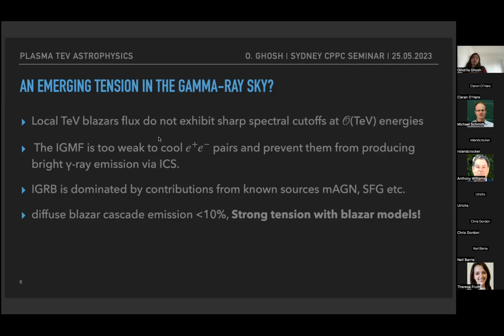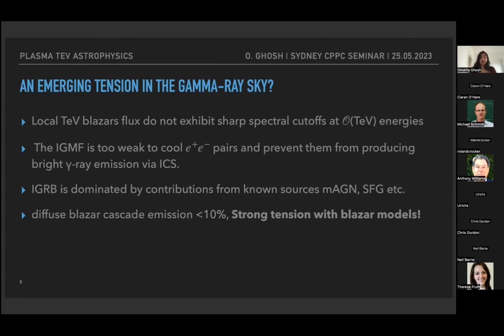So in a recent analysis, we also looked at isotropic gamma ray background measurements. So far what we know is that local TeV blazars, the flux they have, does not exhibit sharp spectral cutoffs at TeV energies. And we also know that the intergalactic magnetic field is quite weak, so it cannot efficiently cool the electron-positron pairs that are produced.